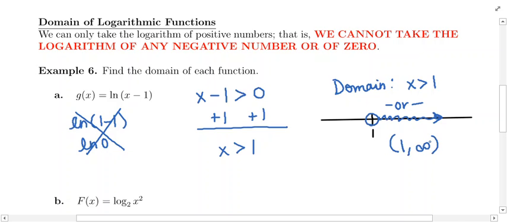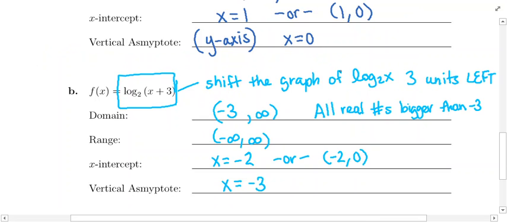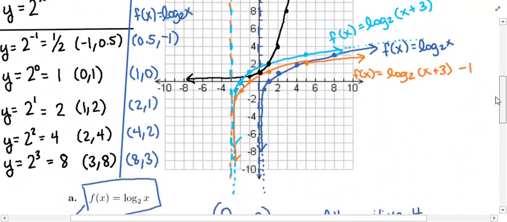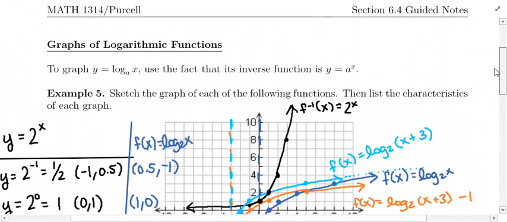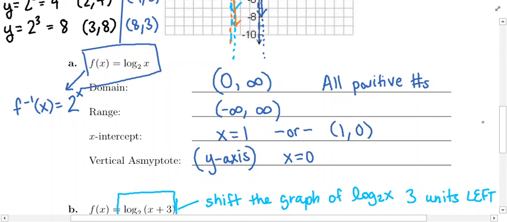All right. I'm going to take a minute to tie this back to the pictures we did when we were graphing. I'm going to go back to the graphs on the previous page, starting with part A. We were dealing with log base 2 of x.